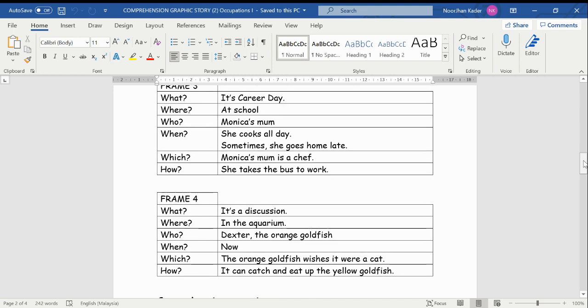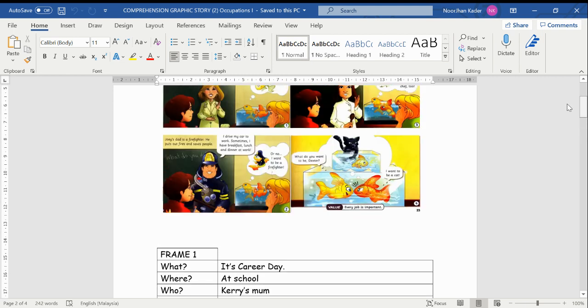Who is the active character here? Of course, the yellow goldfish is asking the orange goldfish, but which character is more important in the fourth frame? Even though both are supporting characters, the more important character in frame 4 is Dexter.